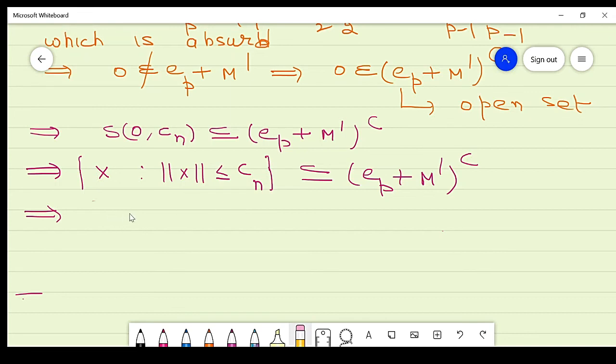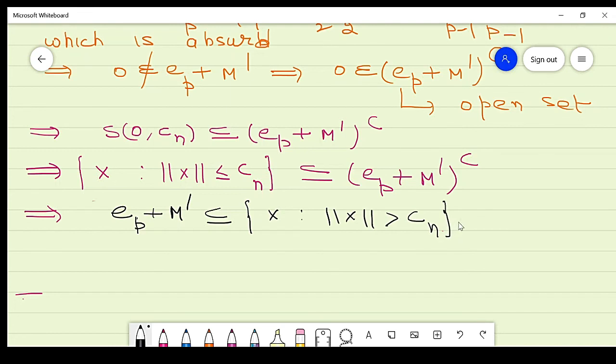So its complement EP plus M dash is a part of set X such that norm of X greater than Cn. Clear? So these are the values.